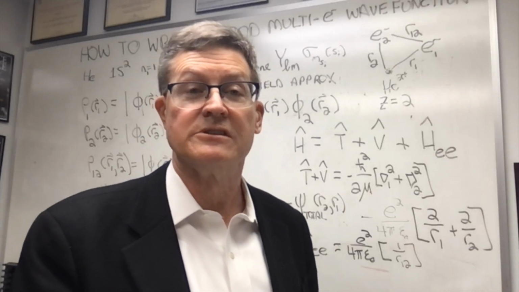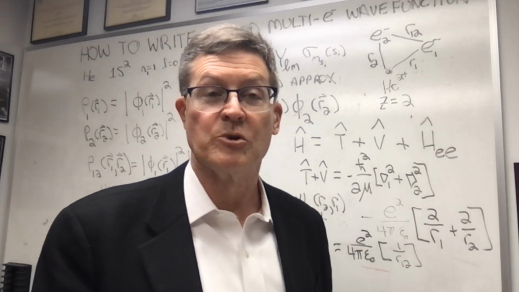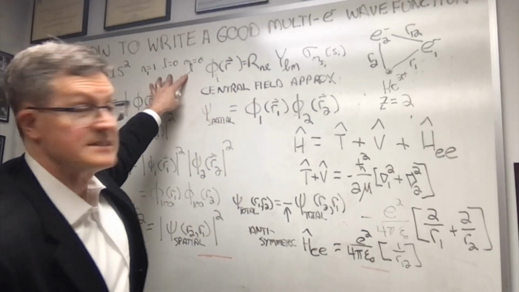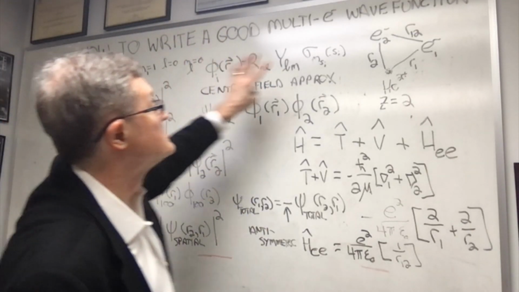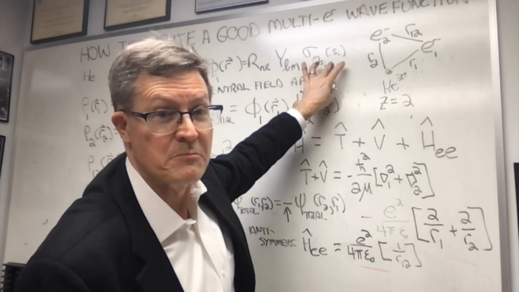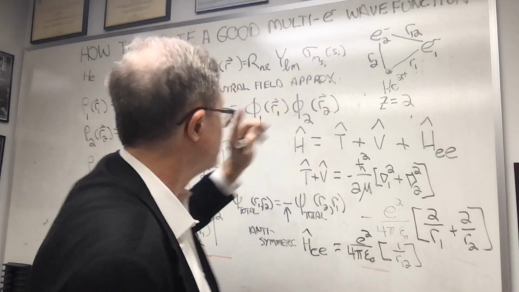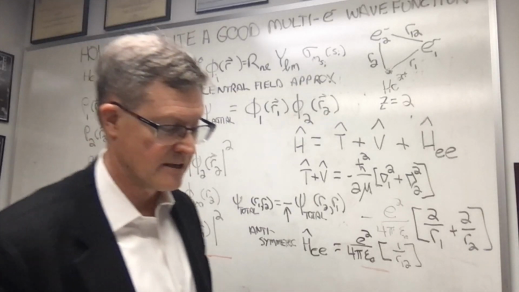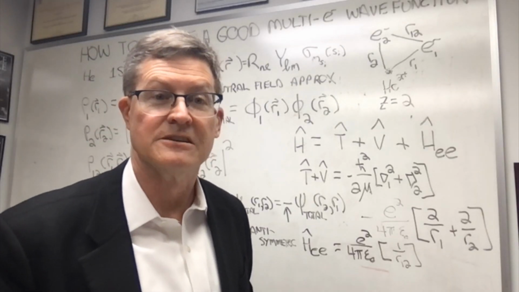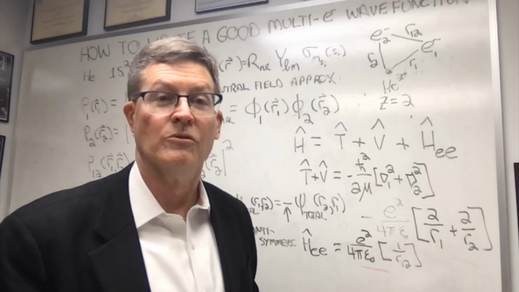No two electrons in the atom are allowed to have the same quantum numbers. If they have all the same spatial quantum numbers, their spin quantum number has to be different: m sub s up, m sub s down. Okay. So now let's take a look at what the implication of that is for the overall wave function.